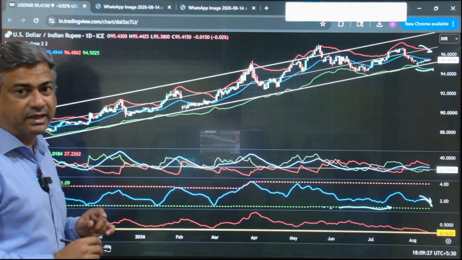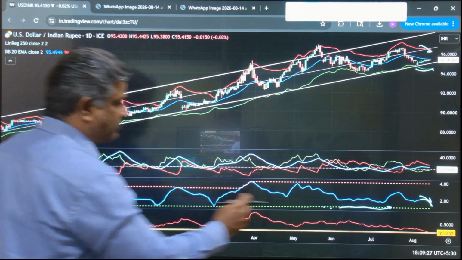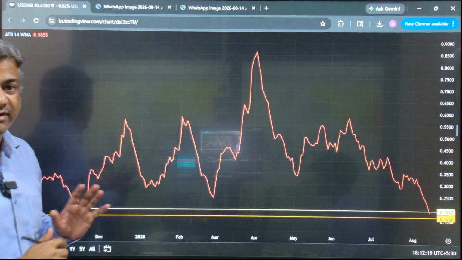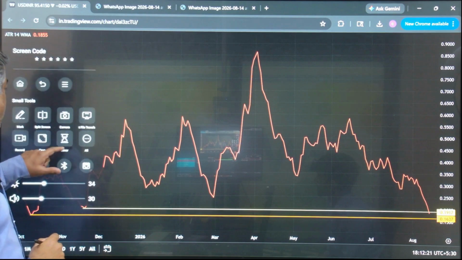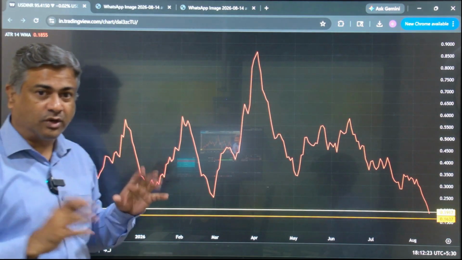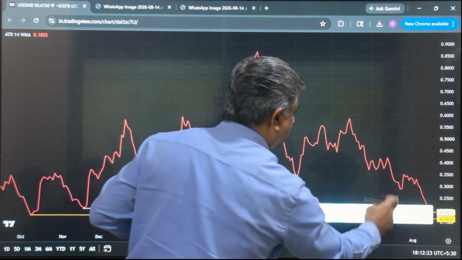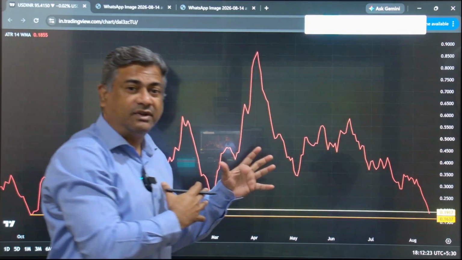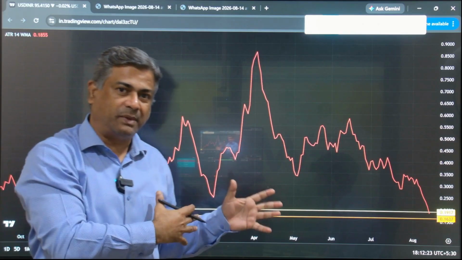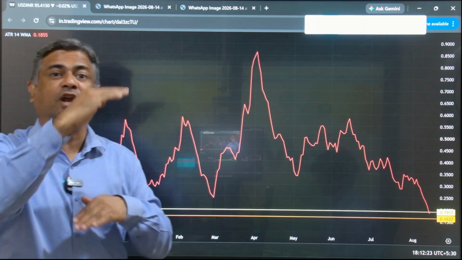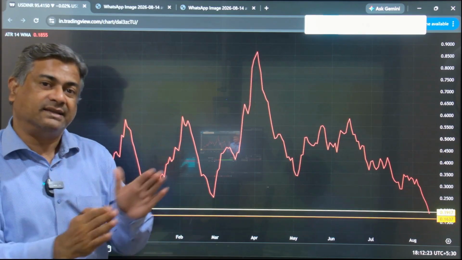Another very good indicator which tells about that volatility factor is what we call the average true range. Now average true range is another very good volatility indicator. Standard deviation is what is used in Bollinger Bands, but average true range looks at the amplitude of prices, the high low level of prices in days and in weeks.